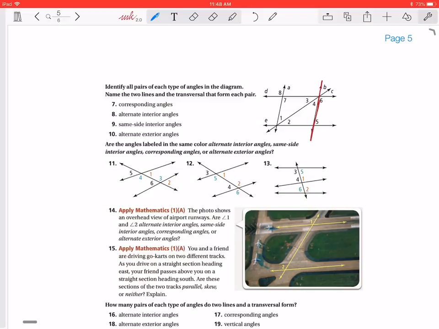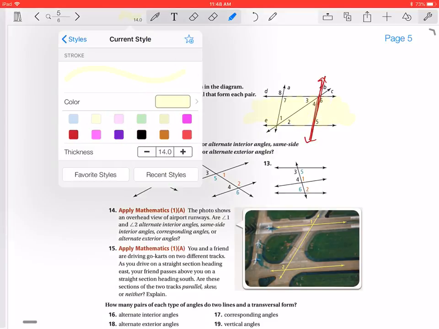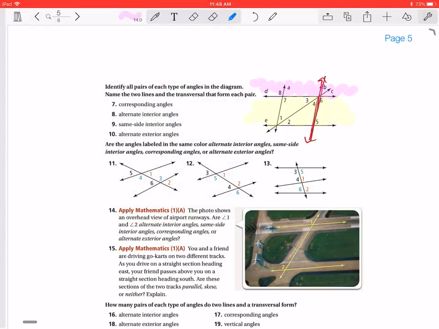Okay, let's look at B. B is going to transverse D and E, and it helps to highlight things. So let's highlight D and E, and highlight our exterior and our interior.